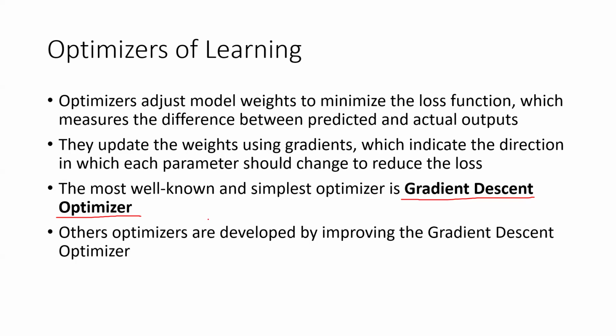So we will learn what are the later versions of gradient descent optimizer. There we don't call them gradient descent optimizers, but by their names, which we will introduce later.